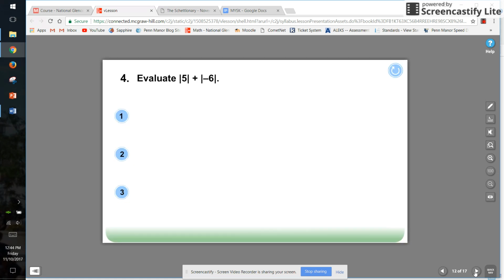If I'm asked to evaluate a phrase like, what is the absolute value of 5 plus the absolute value of -6, I need to figure out both absolute values. And firstly, let's take a look at 5. 5 is 5 spaces away from 0, so the absolute value of 5 is 5.